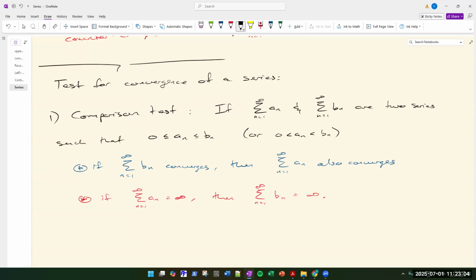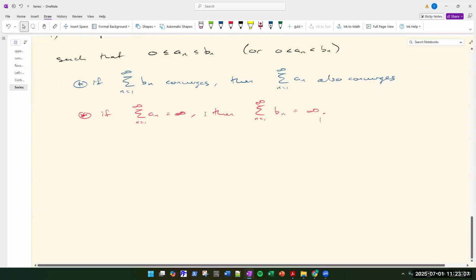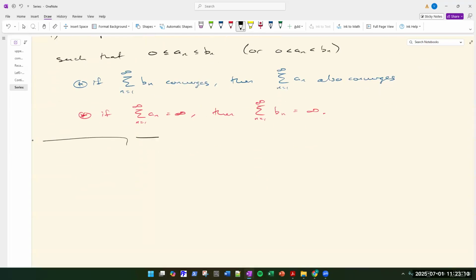That gives rise to what we're going to start talking about today, the first thing, called absolute convergence. So, definition: let the sum of AN, so AN is just your regular series, be an infinite series of real numbers. From this, we're going to construct a new series.